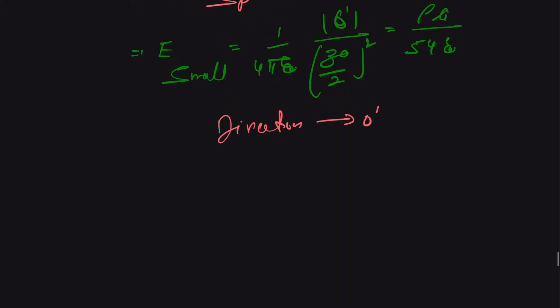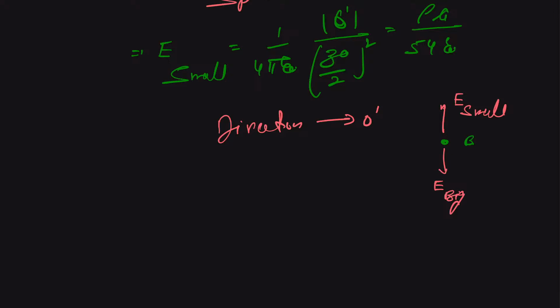Therefore we can draw: this is our point B, and because of the big sphere, which has a positive charge, the field will be outward, and because of the small sphere, which is negative, it will be inward.